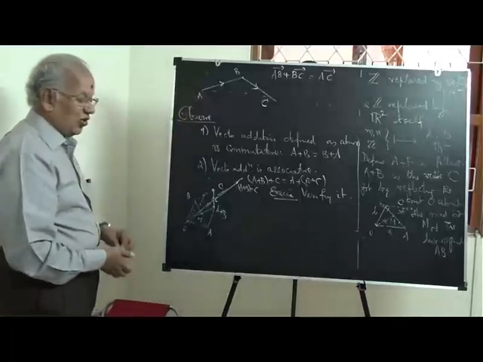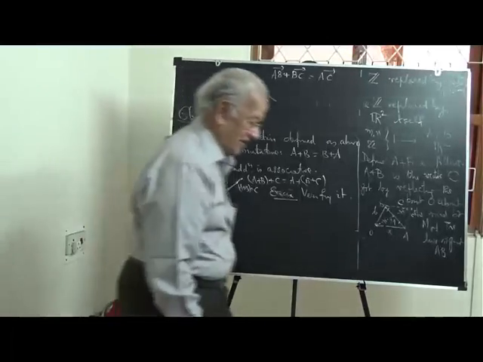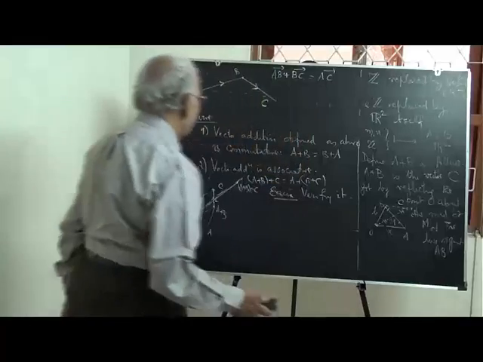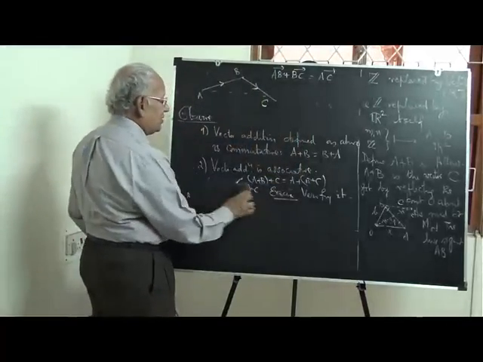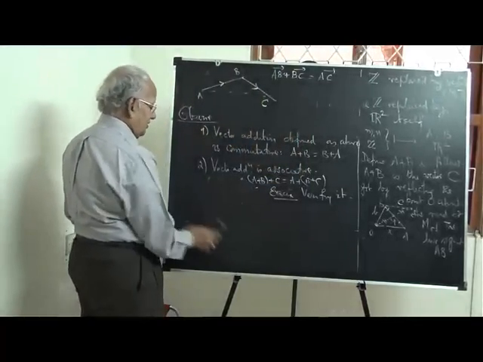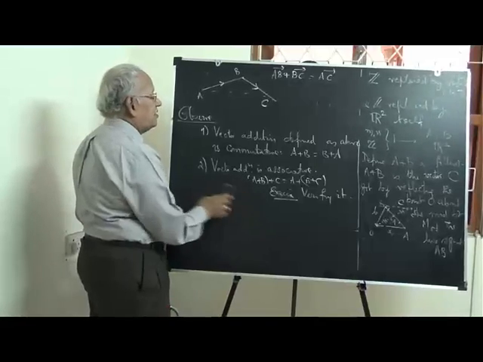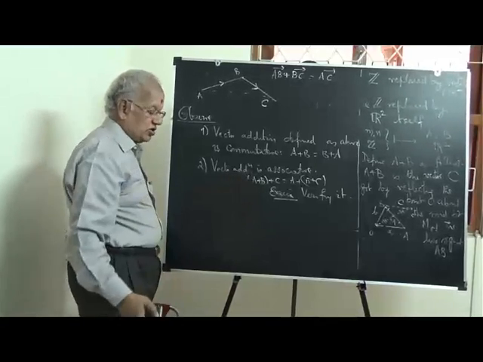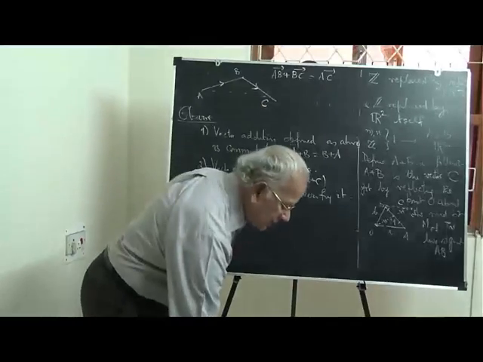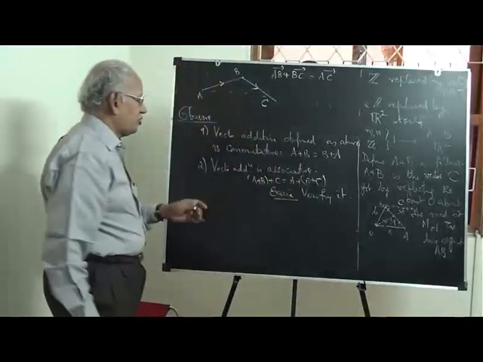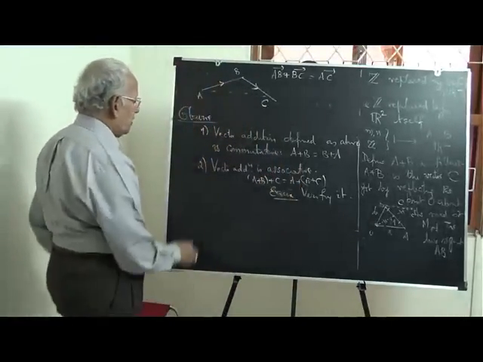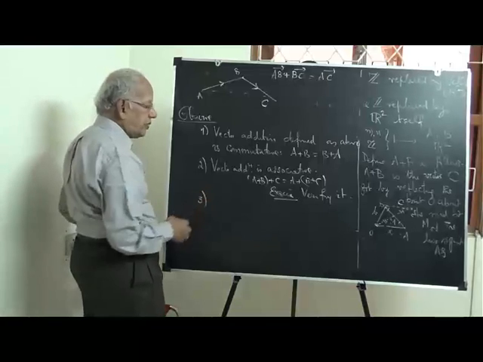Then you will see that you also learned a little bit of geometry as you recollect your geometry. But these are other ways of looking at it also. That is associativity. But for a moment, let's assume that we have verified it. Then three.